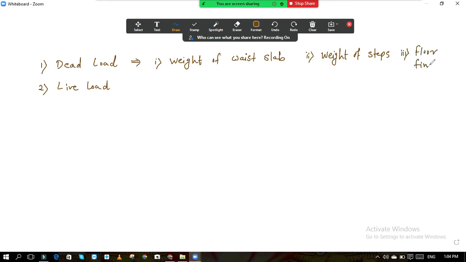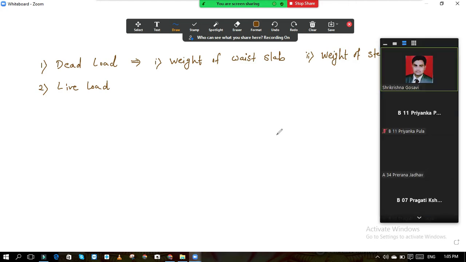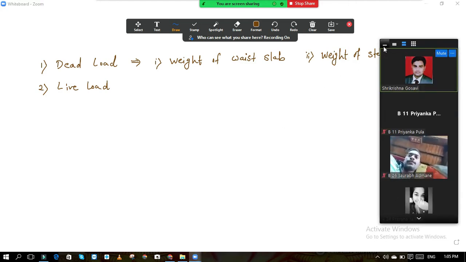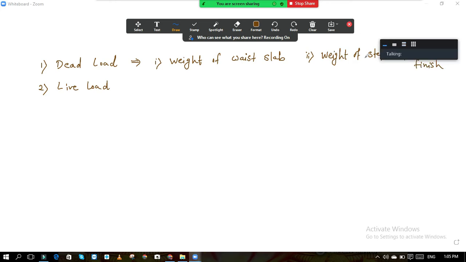These three types of loads we consider in dead load, and in live load generally we consider 3 kilonewton per meter square, in between 3 kilonewton per meter square to 5 kilonewton per meter square. Sometimes 2 kilonewton per meter square also we consider. So these two types of loads, dead load and live load, we consider on the staircase.